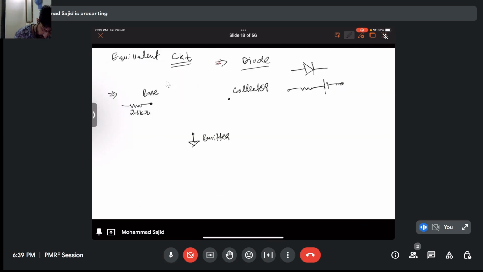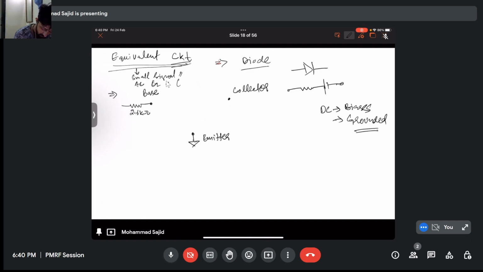You know that this is an equivalent circuit, and this is the small signal equivalent circuit or AC equivalent circuit. So DC biases are grounded, right?